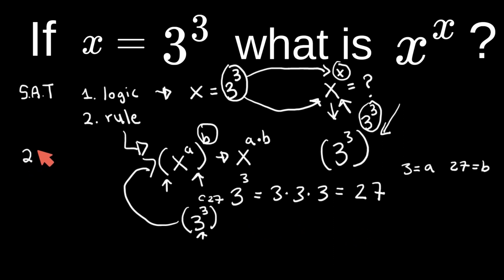Let's take 27 and multiply it by 3. 7 times 3 is 21, and 3 times 2 is 6, plus 2, that will be 8. So guys, our final answer is 3 raised to the 81 power. This is our answer.